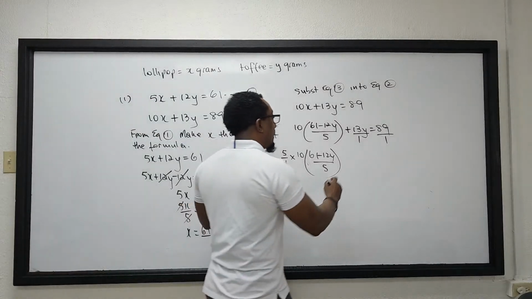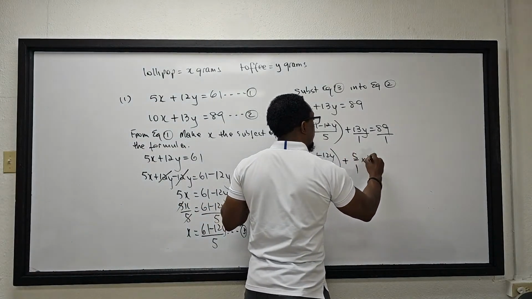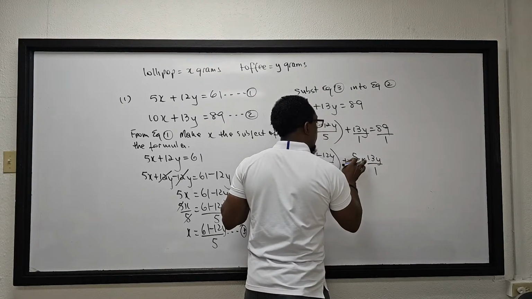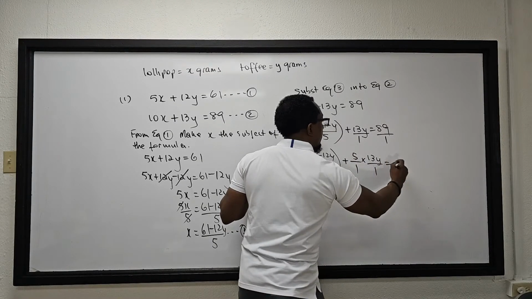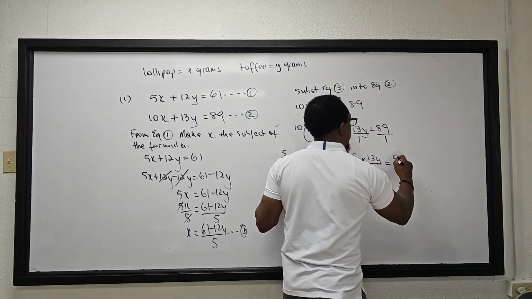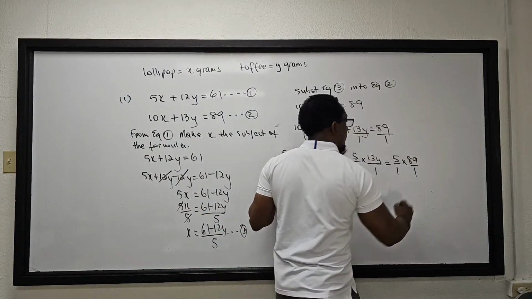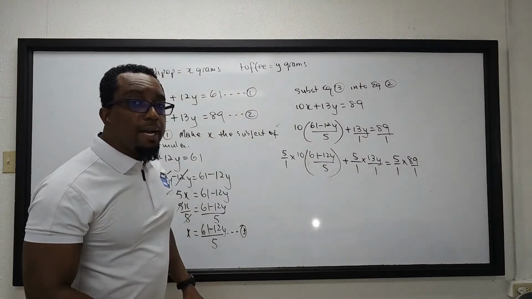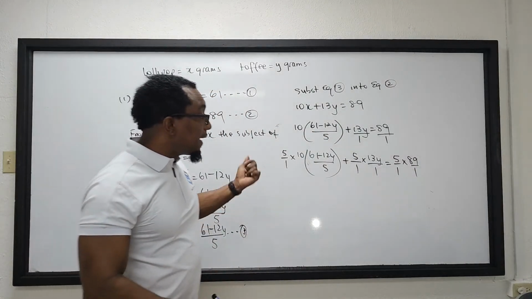Plus, I'm going to multiply the second fraction by 5. Is equal to, I'm going to multiply the third fraction by 5. So I'm multiplying each fraction by the LCM, which is 5, right?